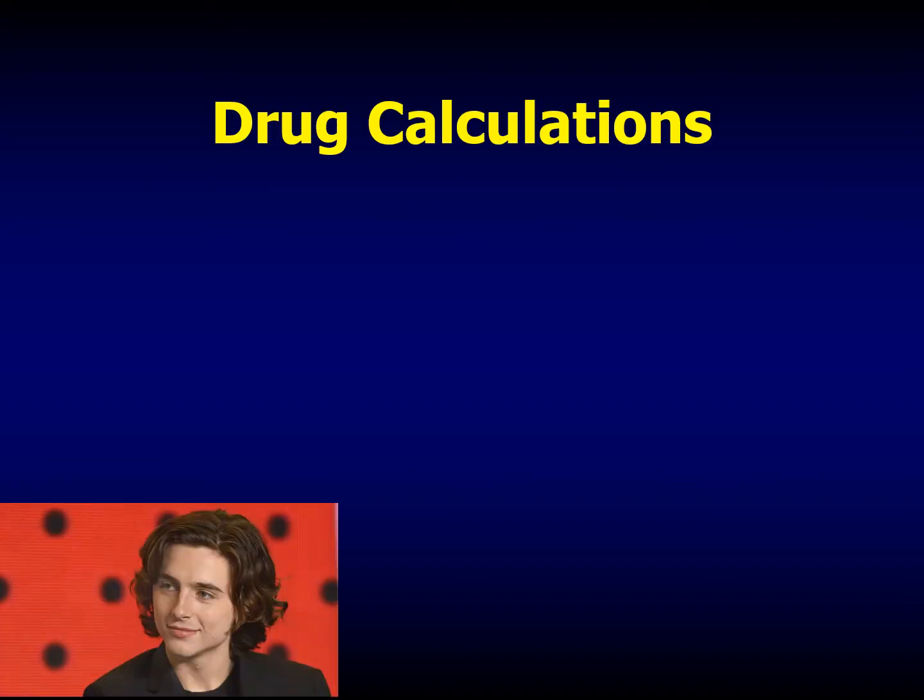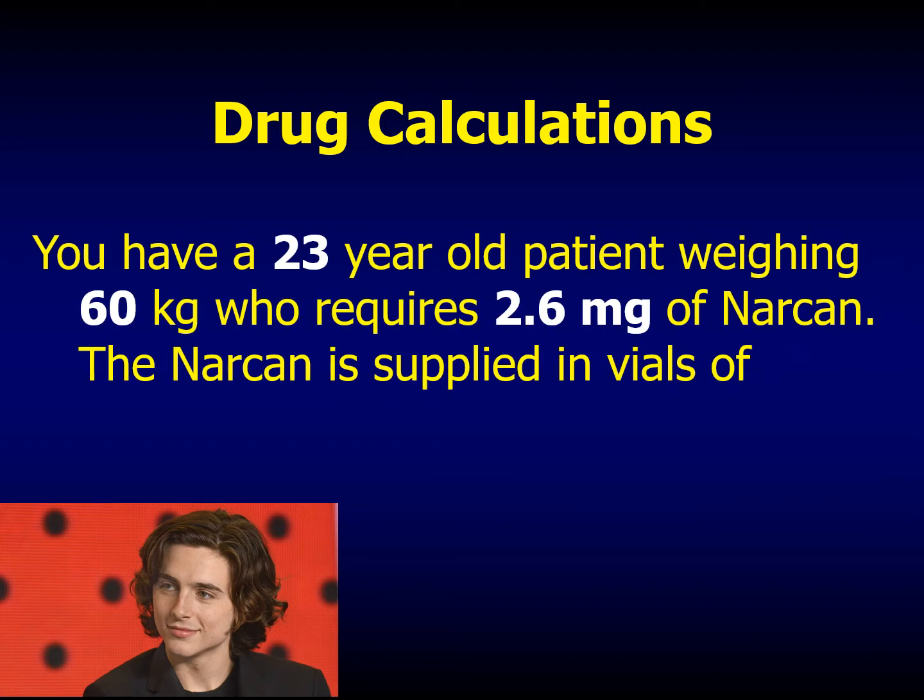Anyways, carrying on with drug calculations. Some problems here to solve. You have a 23-year-old patient weighing 60 kilograms who requires 2.6 milligrams of Narcan. The Narcan is supplied in vials of 4 milligrams in 10 milliliters. Poor Timothy here has apparently been the victim of a drug overdose.